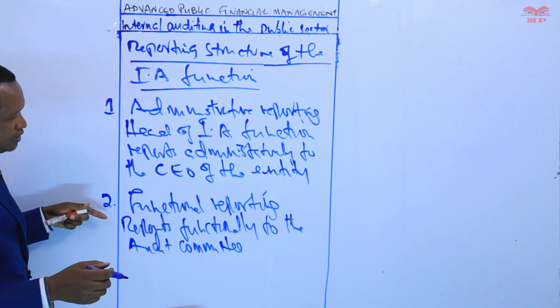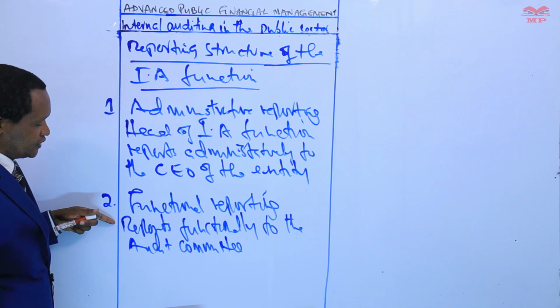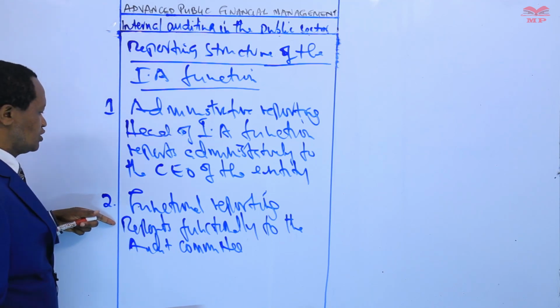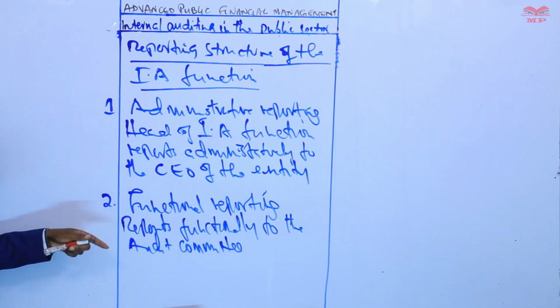Now, the internal audit function performs various functions, which we have studied. And the head of the internal audit function will have to report functionally to the audit committee.